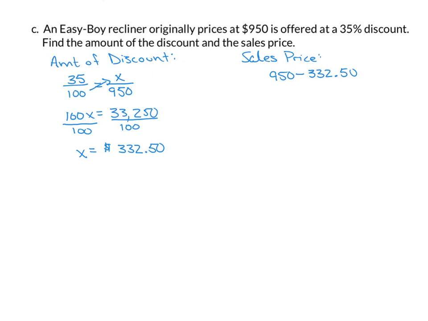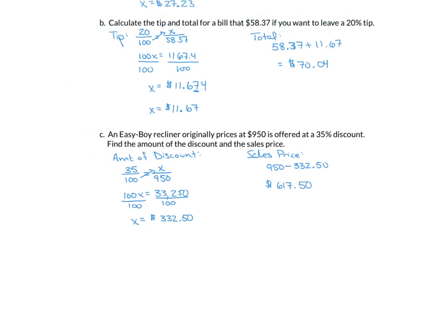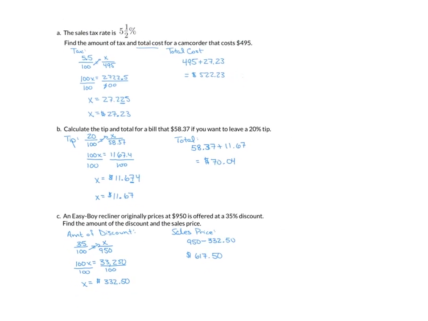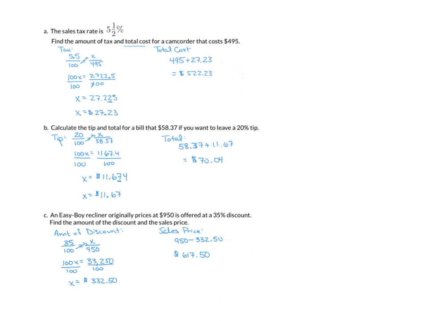So we get $950 minus $332.50, and I get that my sale price is $617.50. All right, so those are some basic examples of tax, tip, and discount.